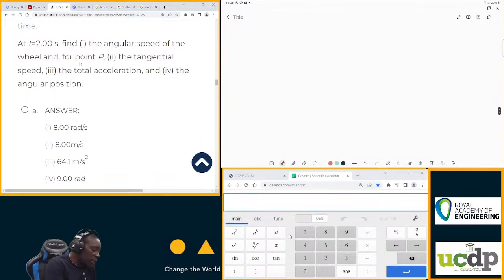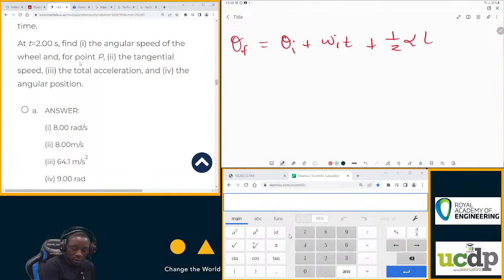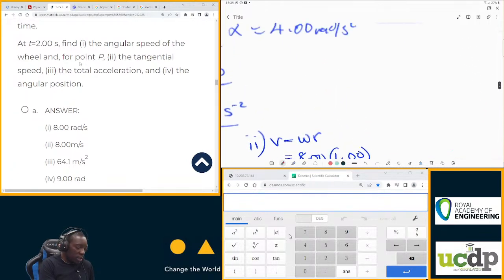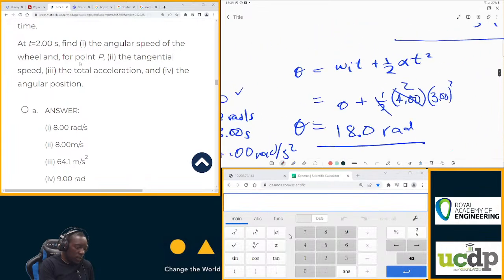For angular position, theta final is equal to theta initial plus omega initial t plus half alpha t squared. When we used this expression to find the change in the position, this was delta theta, which is theta final minus theta initial. So this is the change from the reference point.